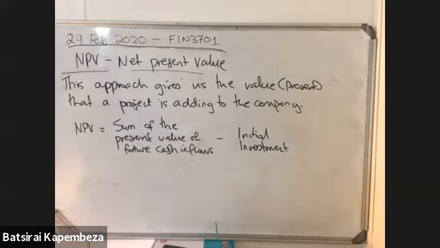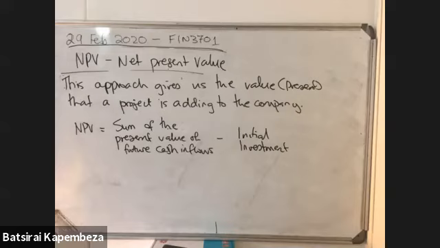This is the way your calculator calculates NPV. It discounts all your future cash flows, adds them up, and then subtracts the initial investment. And then that gives you the net present value, also known as the NPV.